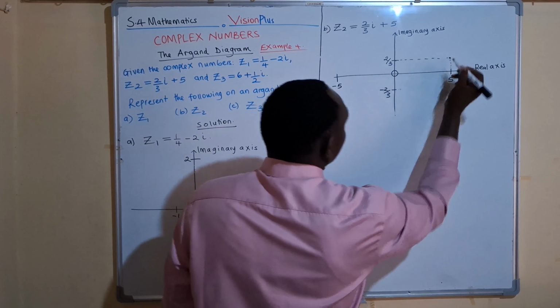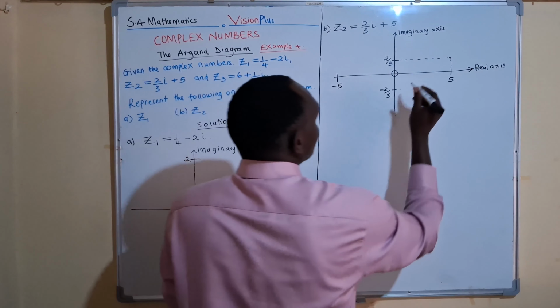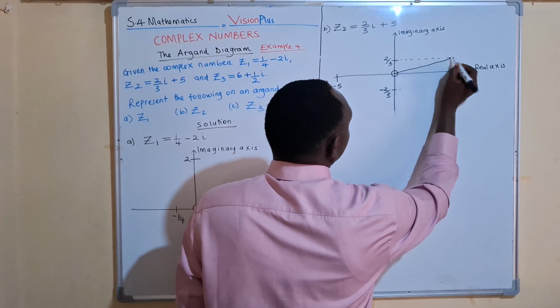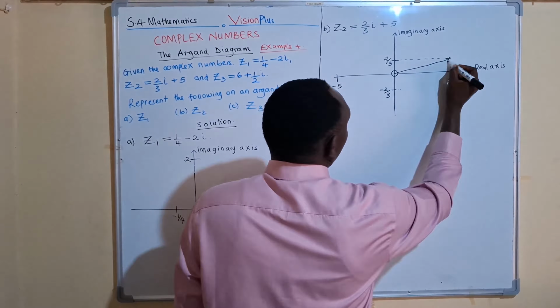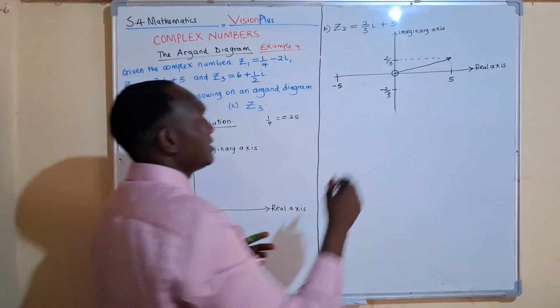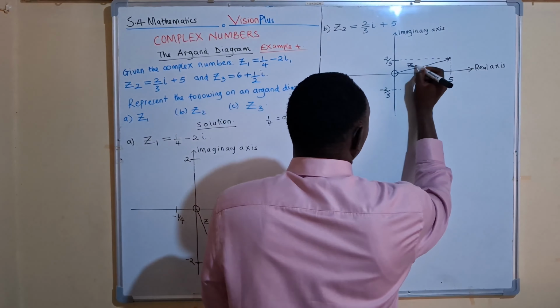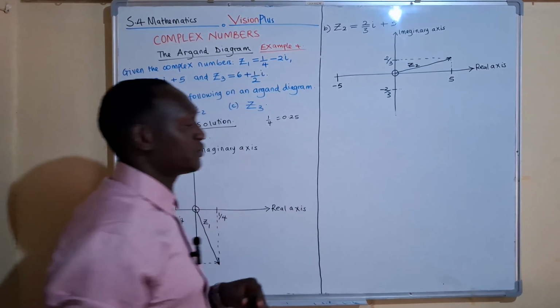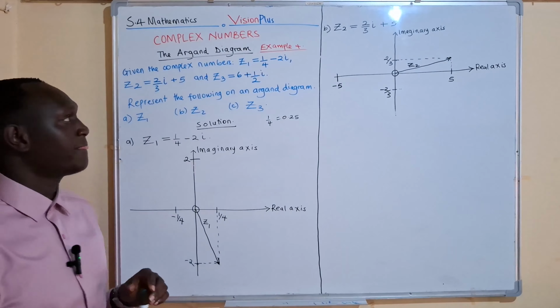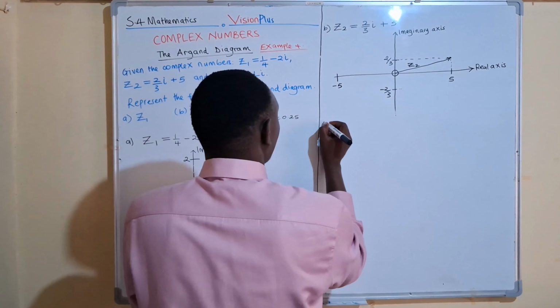So they're meeting somewhere there. And then you draw a straight line from the origin up to that point with an arrow at the top. And that is the complex number Z2. This is the complex number Z2. Try to use a ruler so that you have a straight line. Don't have my ruler right now.